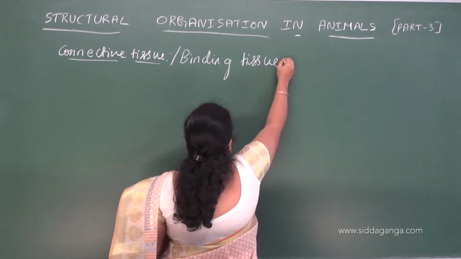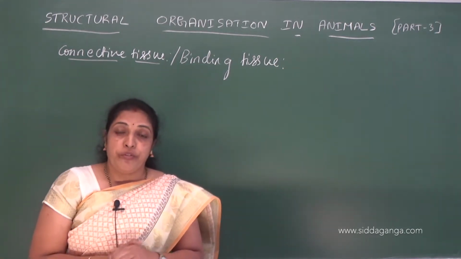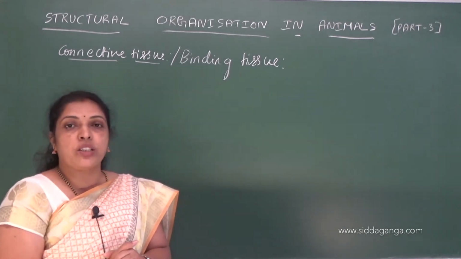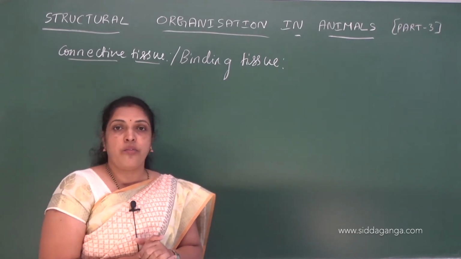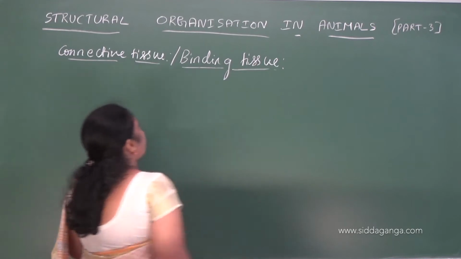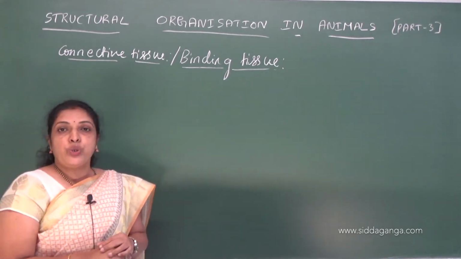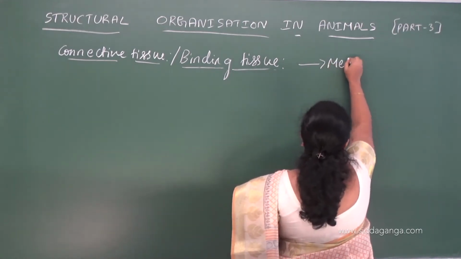It is a widely distributed tissue in our body, and it mainly supports by connecting the tissues and organs present in our body. It has many functions, and this connective tissue is derived from mesoderm.